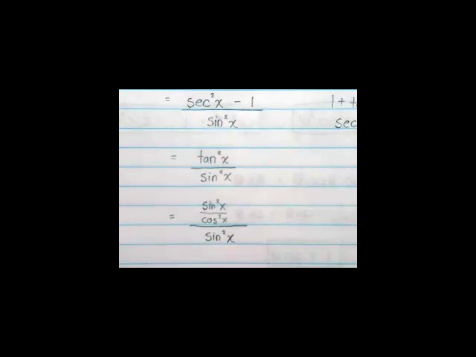So what can I do with that? I got a fraction divided by sine squared. So back to our fraction talk we did yesterday. How can I manipulate this thing to get it to simplify some more?